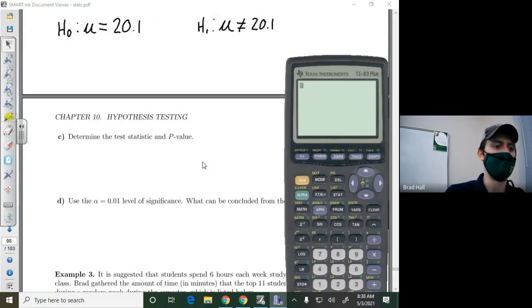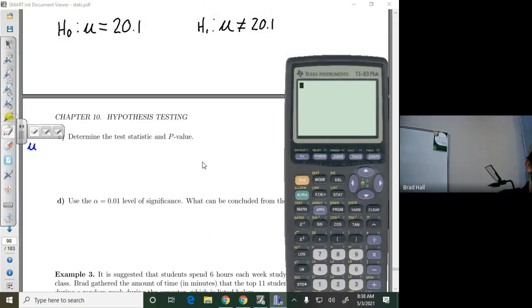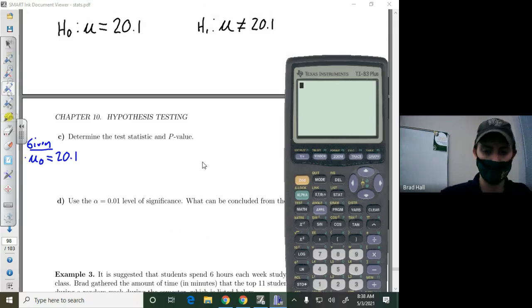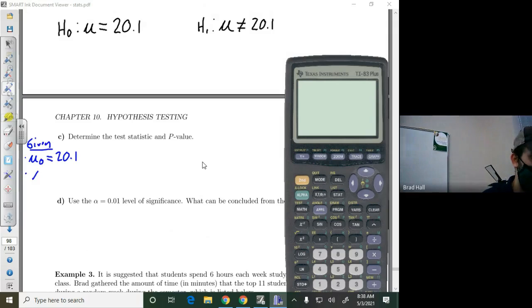So what I'm going to do here, like I did in the previous problem, go ahead and write out, actually I'll go ahead and call it the givens. So what is given to us? U0 is the assumed mean, which we already found to be 20.1. We need to figure out the sample mean, the standard deviation.